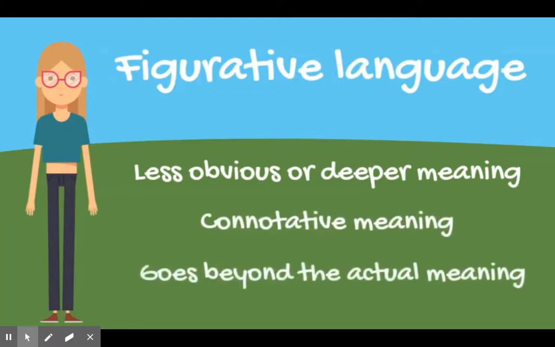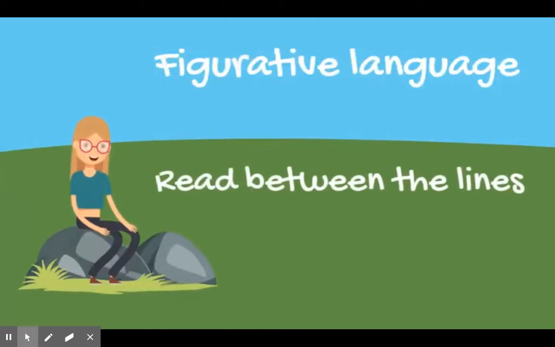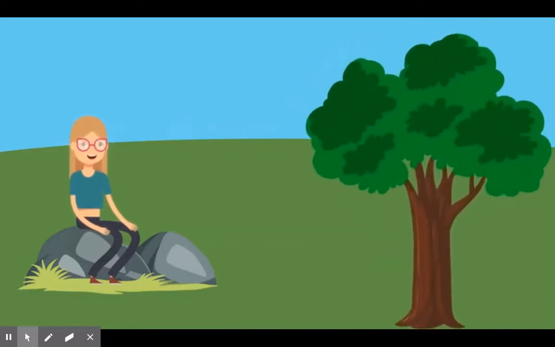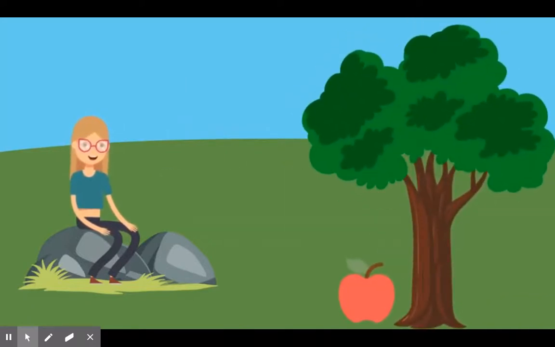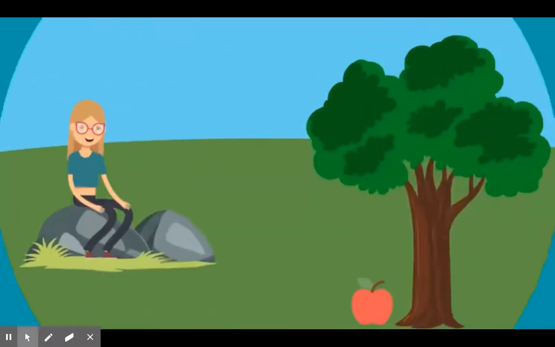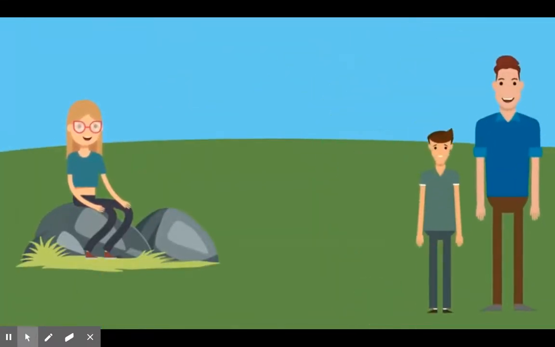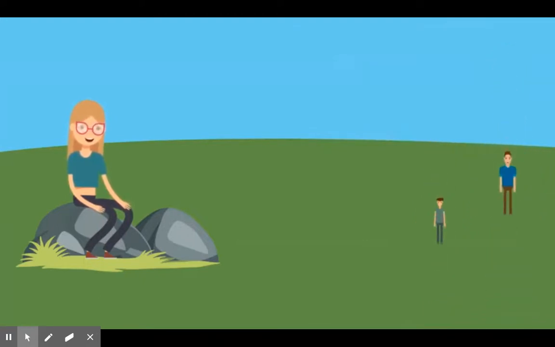So the language goes beyond the actual meaning of the text. This means that you need to read between the lines or figure it out. So when saying that the apple doesn't fall far from the tree, we are not talking about an actual tree or fruit. What we are in fact saying is that the child is just like the parent.